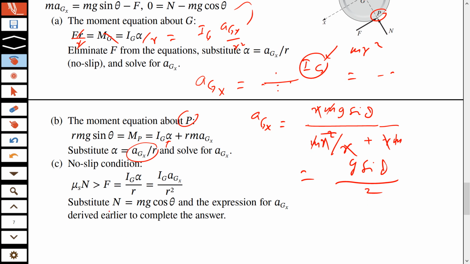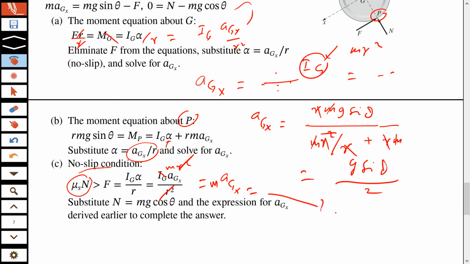And part C, no slip condition. So we had F equals म्यू एन एस, और यहाँ पे आपने सिर्फ ये करना है कि आई जी की वैल्यू प्लेस करनी है m r squared. So r squared will cancel out with r squared, and you are left with Agx m.